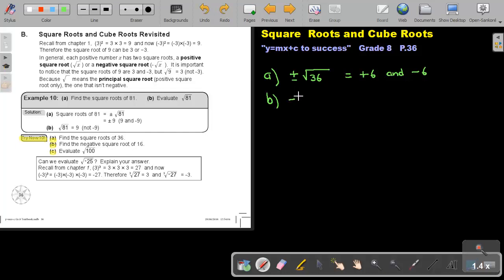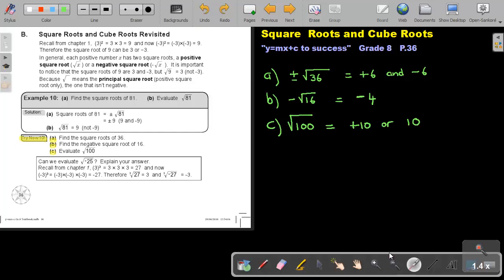I'm only interested in the negative one. So what will the answer be? The answer will be negative 4. And now I just wrote down this symbol. And if it's the symbol, it's the principal square root. So the answer will just be positive 10, or actually we will just write 10.